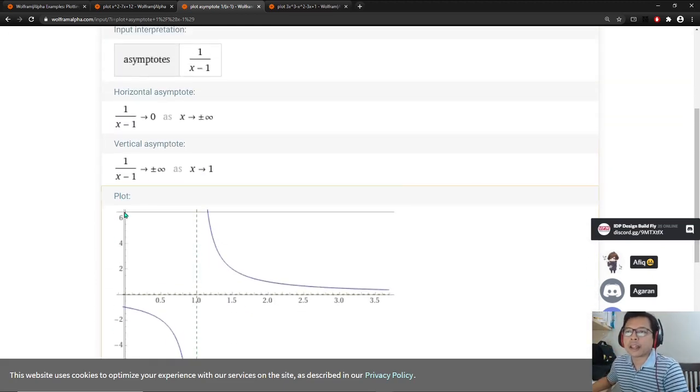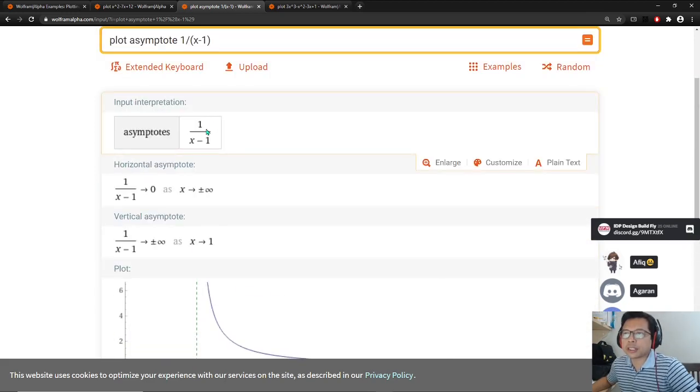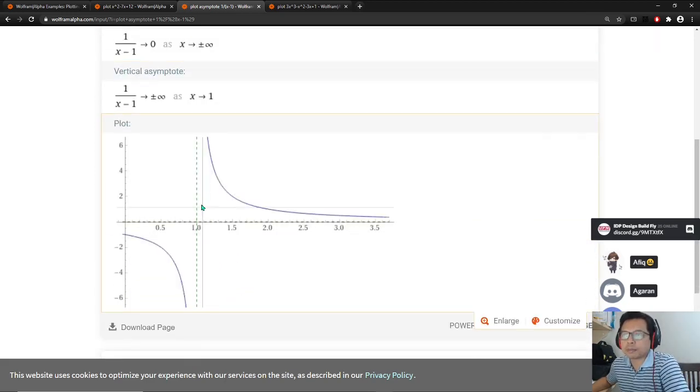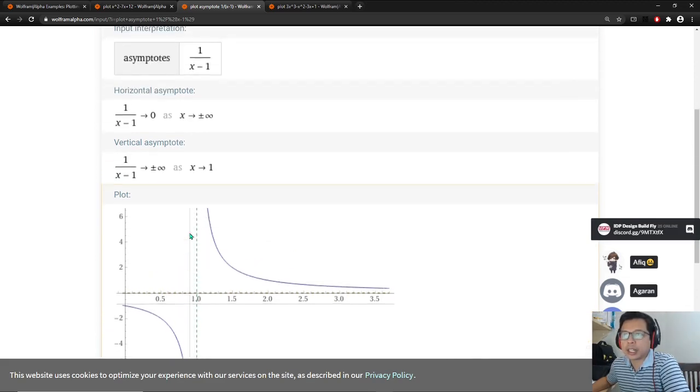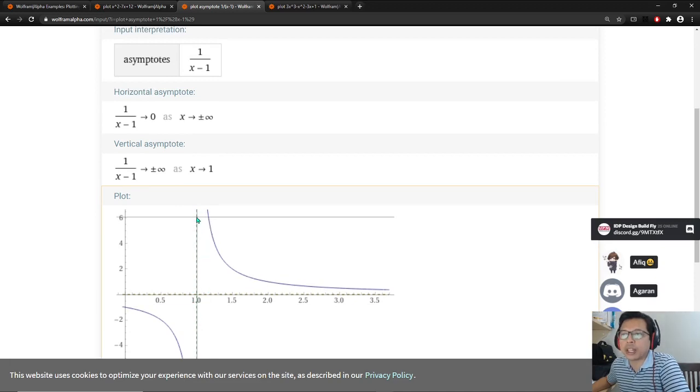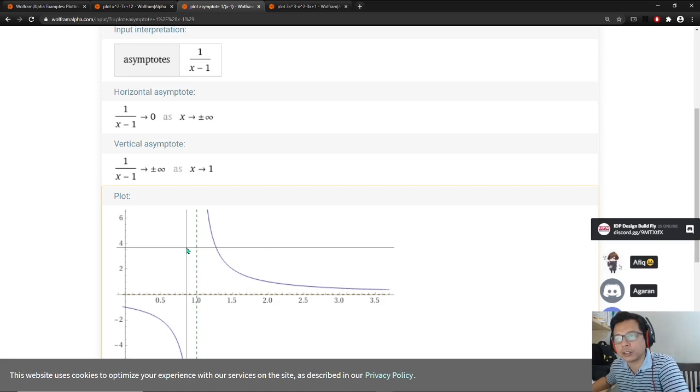So if you plot this function right here, 1 over x minus 1, it's going to show you two asymptotes. This one is called the vertical asymptote. Asymptote means this graph will never reach this. It will never touch this asymptote. This is just the limit where it's going to go.